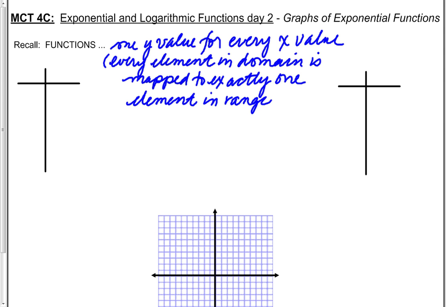Okay, so one y value for every x value works well for a table of values. If we have a graph, one way of deciding whether it's a function or not is to look at the vertical line test. If a vertical line passes through a graph only once in any place, you have a function.